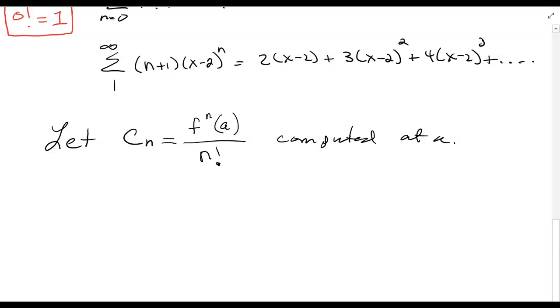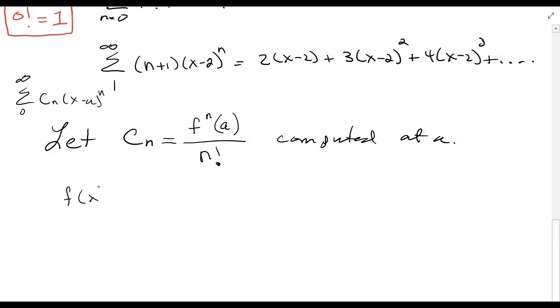So again, you're thinking, why am I writing c sub n from my power series as equaling this? Let's just take a look for a second. Don't forget your original power series is simply the sum from 0 to infinity of c sub n times x minus a to the n, right?